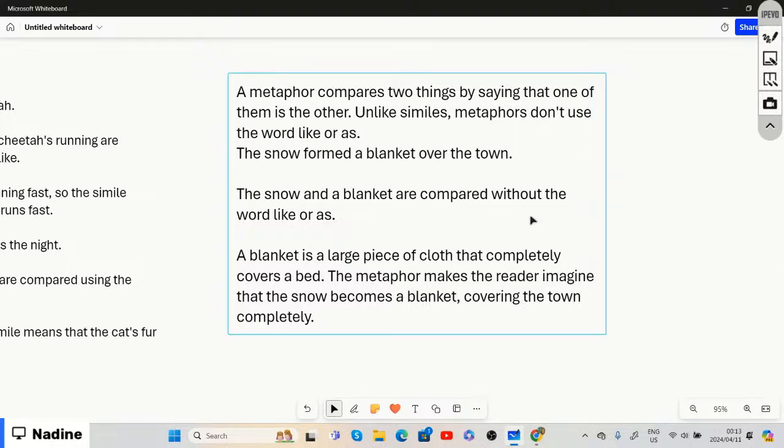So when it comes to metaphor, it's comparing two things.